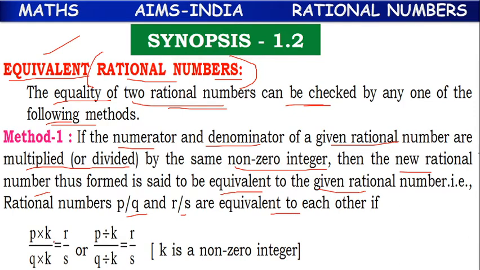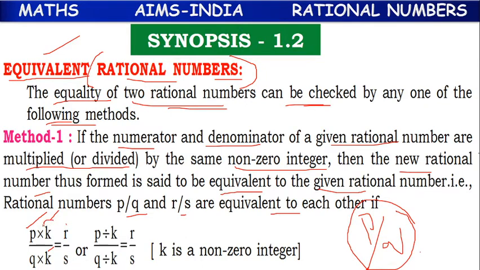Suppose the given rational number is p by q. Whether the p by q we are multiplying with the same non-zero integer k, then we are getting a new rational number r by s.